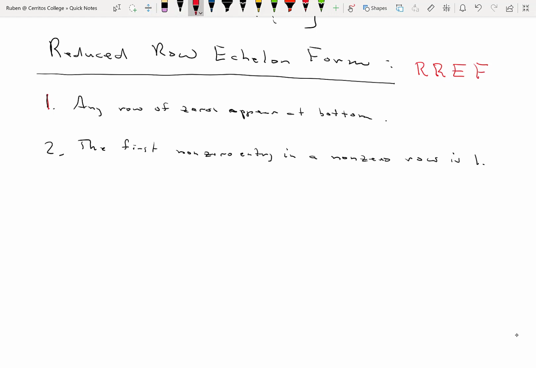Okay, that 1 has a special name. That 1 is called a leading 1. For our optimum case, the leading 1s give us the coefficients of the x, y, and z, etc.